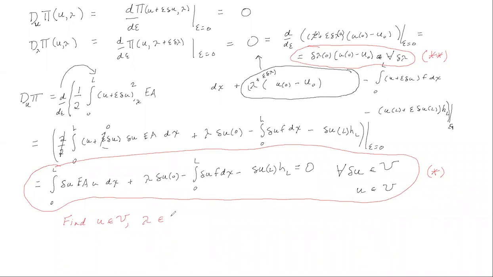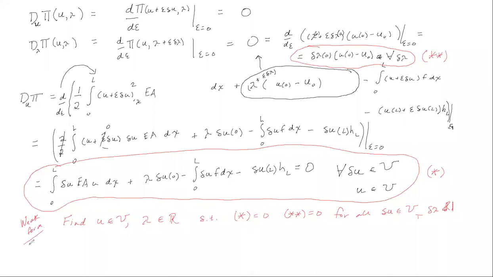So we're just looking for something in the real numbers here, such that star equals 0 and double star equals 0 for all delta u in V and delta lambda in the reals. Okay, this is our weak form for this given problem.